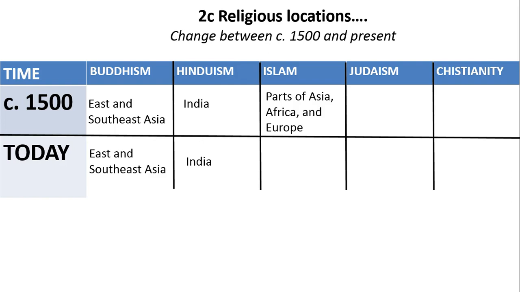The hard one is Islam. And Islam is in parts of Asia, parts of Africa, and parts of Europe around 1500. Parts of Asia, parts of Africa, parts of Europe. Today, it's still basically in the same area, but the focus is now in the Middle East, which is Asia.